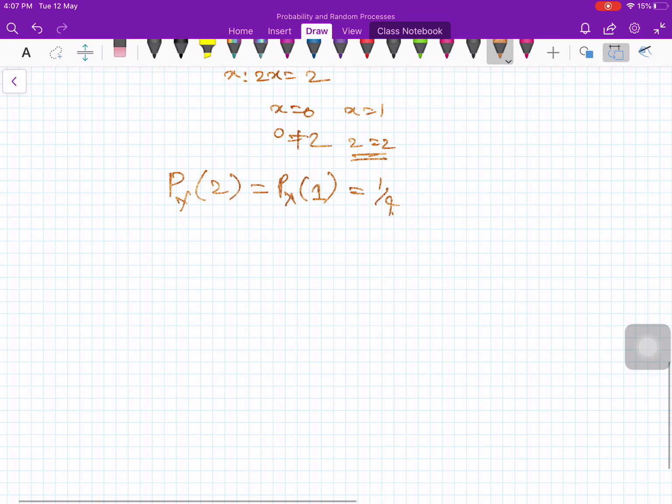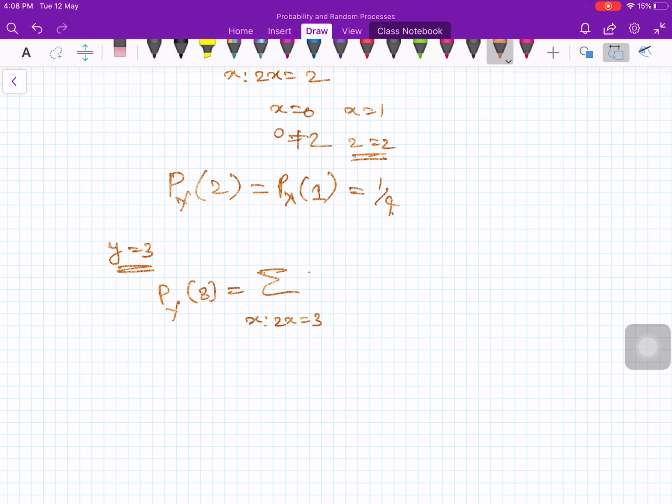Now y equal to 3. Therefore p_Y of 3 is the sum over the set of all x's such that 2x equals 3 of p_X of x. Now put x equal to 0, 0 is not equal to 3, leave it. x equal to 1, then 2 is not equal to 3.